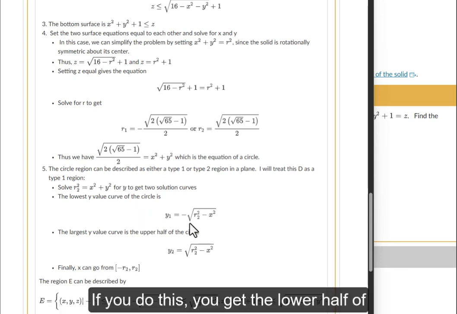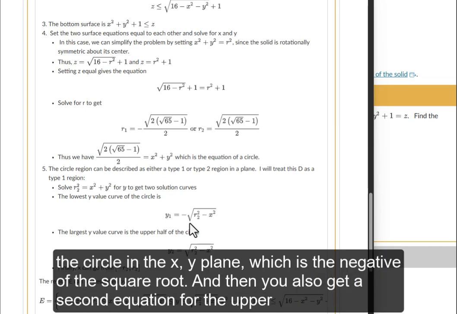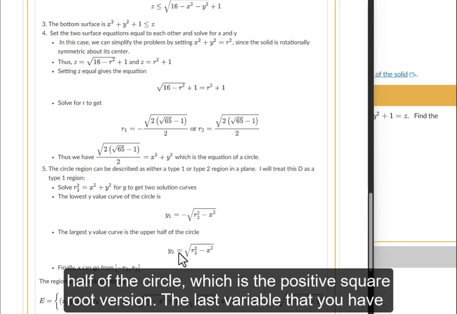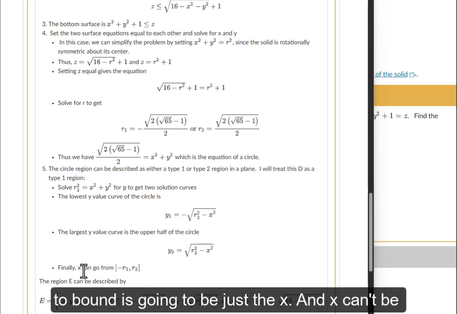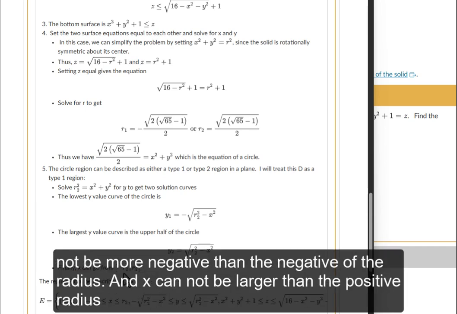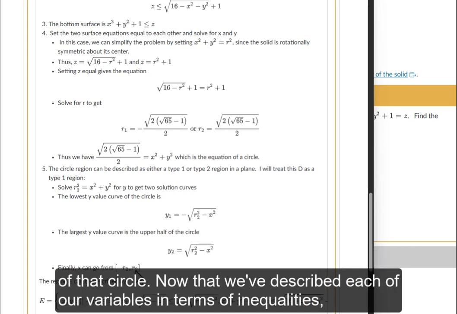If you do this, you get the lower half of the circle in the xy plane, which is the negative of the square root. And then you also get a second equation for the upper half of the circle, which is the positive square root version. The last variable that you have to bound is just the x. It cannot be more negative than the negative of the radius, and x cannot be larger than the positive of the radius of that circle.